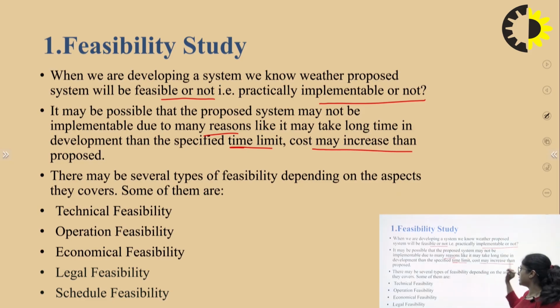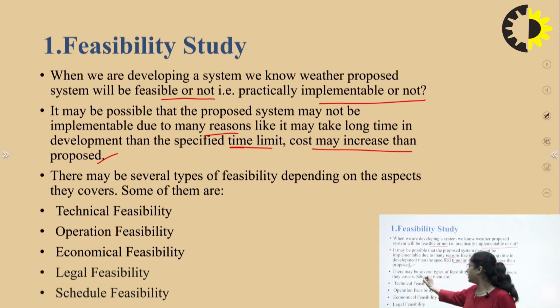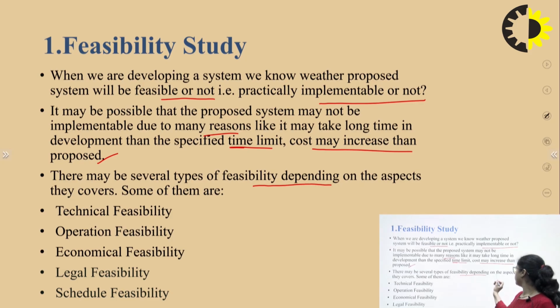Cost may also be increased beyond the proposed. We estimate some cost for the particular software, but the cost may increase. There may be several types of feasibility depending on the aspects they cover. There are various types of feasibility we check while making the software.